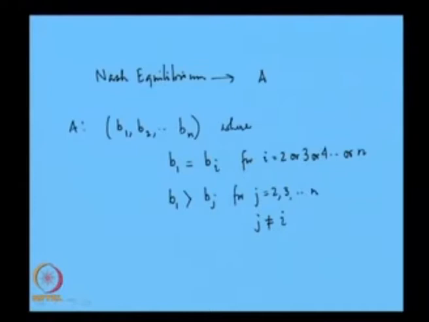So, this is what is being said, and another part of this A is that B1 is greater than or equal to V2, but less than or equal to V1.